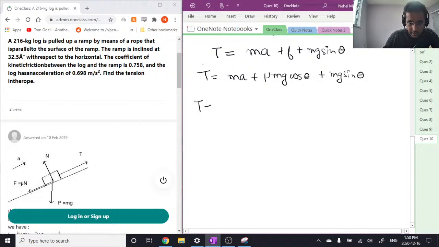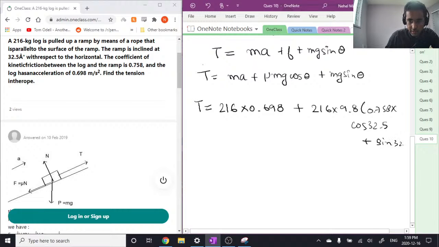As I said, T is equal to ma, m is 216 times 0.698 plus, actually I'm going to take mg common here, so mg common becomes 216 times 9.8 times mu times cos theta, which is 0.758 times cosine of 32.5, plus sine theta, which is sine of 32.5.